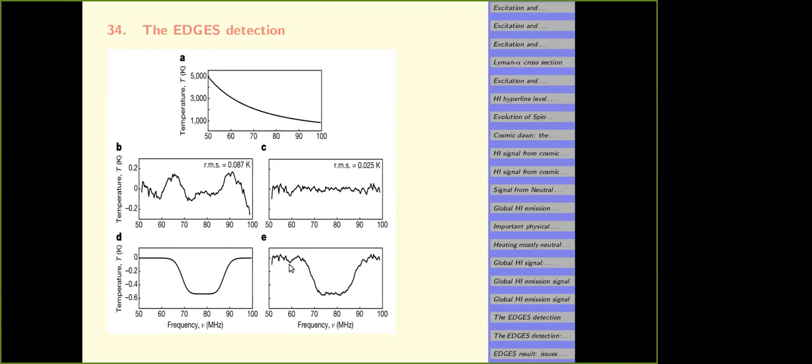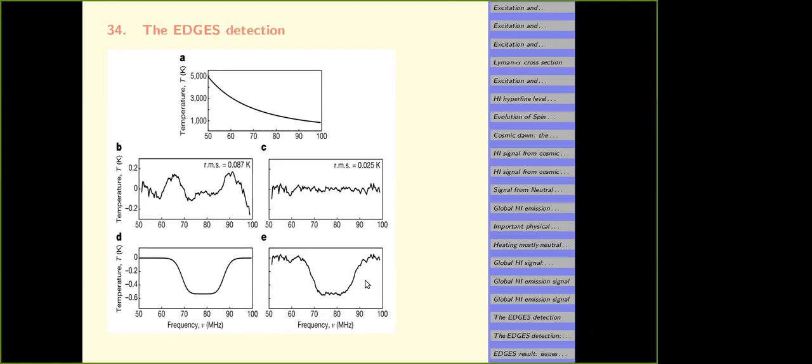But what figure E shows, on the right-hand side, is that there is a trough between frequencies of roughly 70 to 90. What is even more notable is that this trough has a depth of around minus 500 millikelvin. Was that expected at all? It is a deeper trough than any one of us had expected based on any model that one could construct.